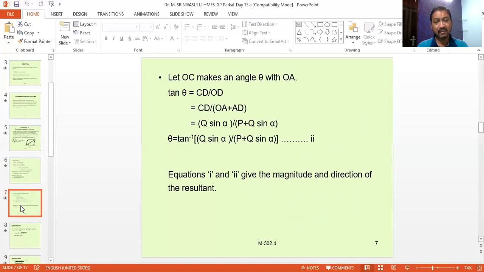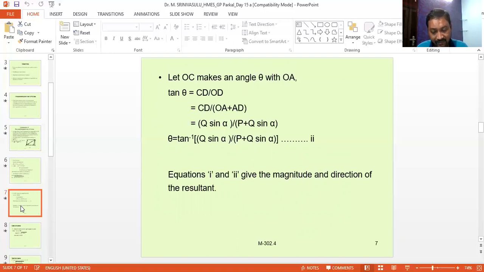CD is equal to Q sin alpha and AD is equal to Q cos alpha. So tan theta is equal to Q sin alpha by P plus Q cos alpha. When we know tan theta, the theta value can be found by inversing that value. So theta is equal to tan inverse of Q sin alpha by P plus Q cos alpha.